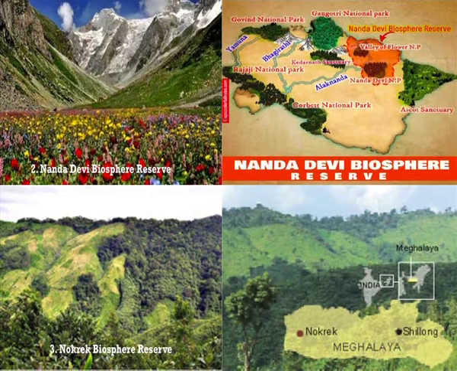In fauna we have the brown bear and also the pheasant, Koklas pheasant. Bhotias are the indigenous tribes. Some of the national parks within this Biosphere Reserve are the Nanda Devi National Park and the Valley of Flowers National Park, and the entire area is located within the Western Himalayan endemic bird area.